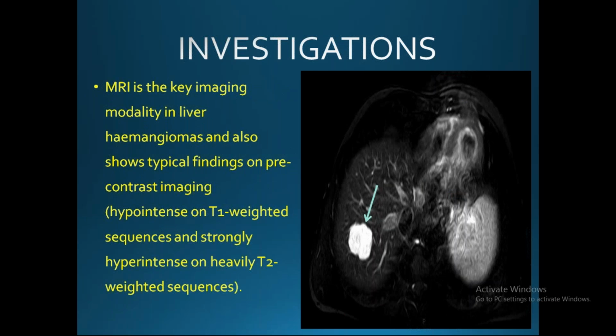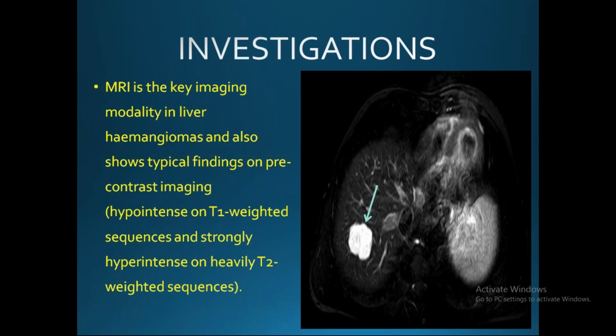Here it is the MRI. Here in MRI, it is a hypointense lesion, which shows a calcified lesion. When there is a hypointense lesion on MRI, it is always white in color.